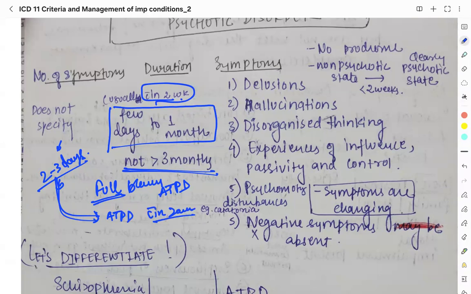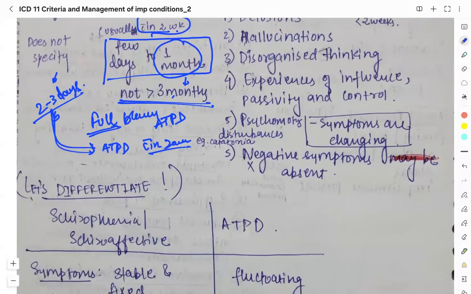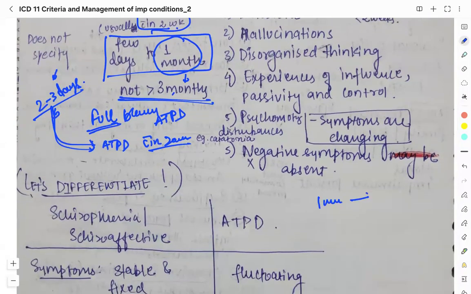It never goes beyond 1 month, but in extreme cases, it can go until 3 months. But usually, if after 1 month the criteria of schizophrenia is met, we convert the diagnosis to schizophrenia.